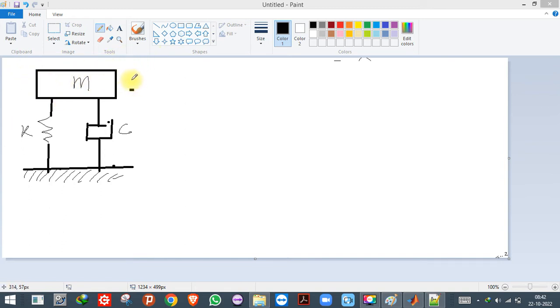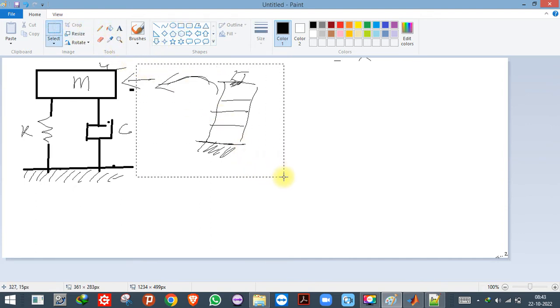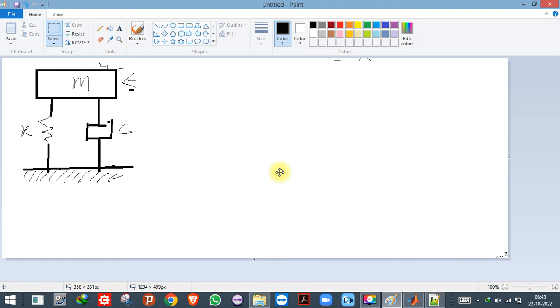This is the basic building block of all the different structures which are subject to earthquake or any type of vibration or any type of dynamic force. Even if there is a multi-story building and it is subjected to earthquake, that is also governed by this basic system. Or even if there is a machine on the building and it is vibrating, everything is related to this problem. So this is the basic building block of structure dynamics. If you do not understand this problem, you won't be able to understand any other problem of structure dynamics.